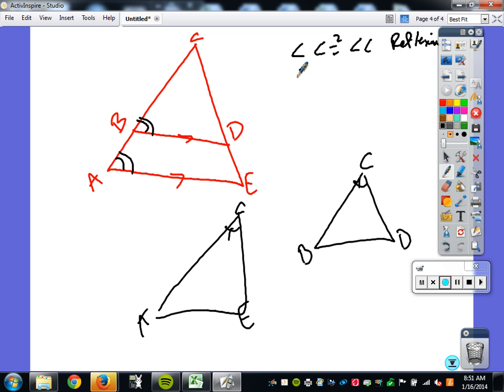I know angle CBD is congruent to angle CAE because of the corresponding angle. I have a reasoning why I know they're true, why they're equal to each other. I can't just say because they are. Okay? That's not how math works. How math came about is because we have proven that it works through other math justifications.